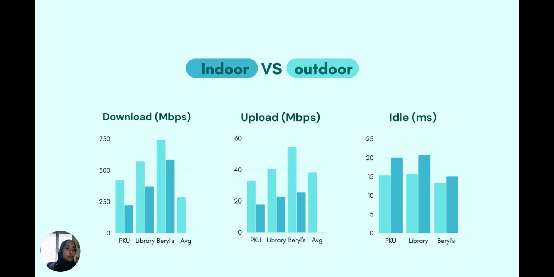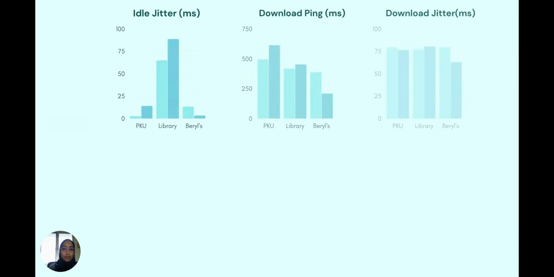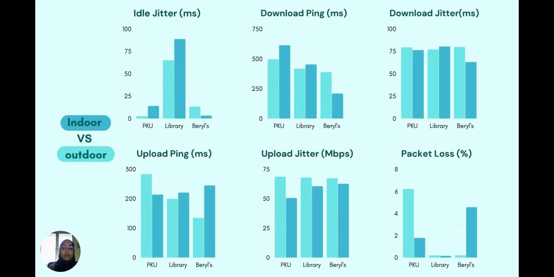The idle time of the network also suggested that the outdoor venue has a lower time compared to the indoor venue. These are the other parameters that are taken into consideration. What I wish to highlight is, as you can see, the packet loss varies according to the place, which will be analyzed on the very next slide.